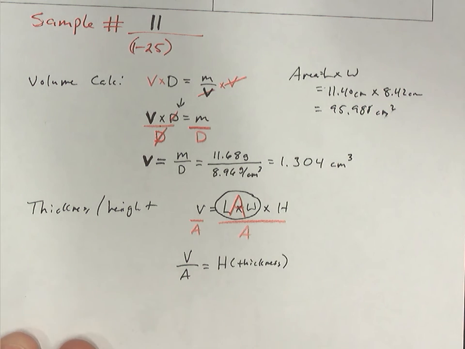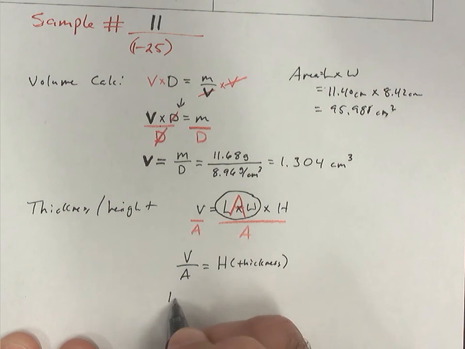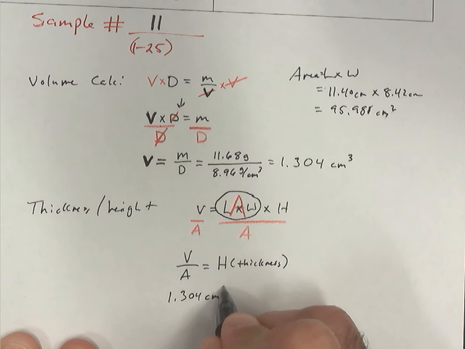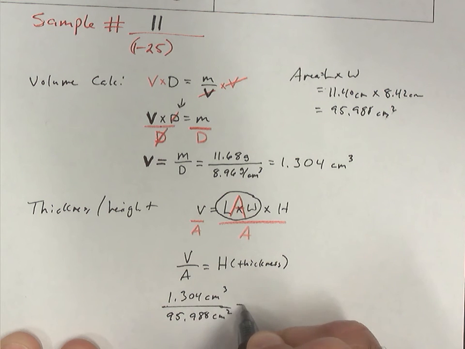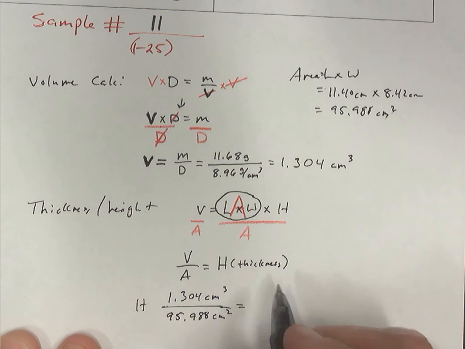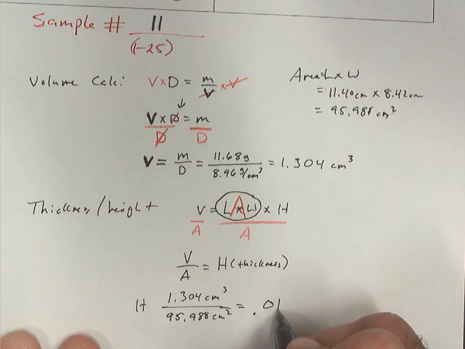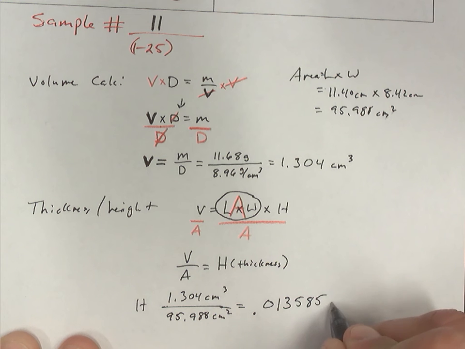Now, if I plug these values in, I know my volume is 1.304 centimeters cubed. I know my area is 95.988 centimeters squared. So 1.304 divided by 95.988 gives me 0.0135585 centimeters.